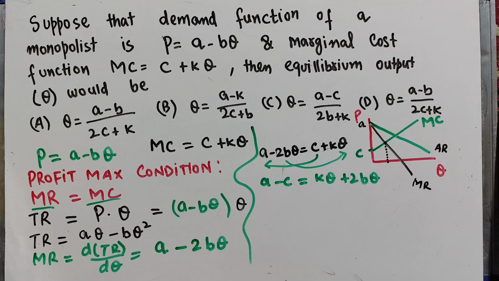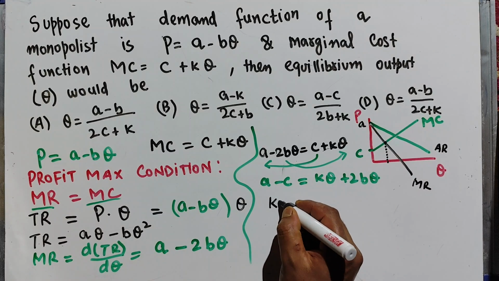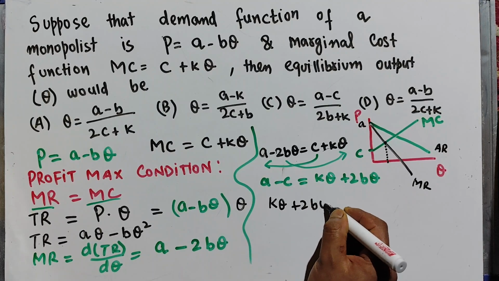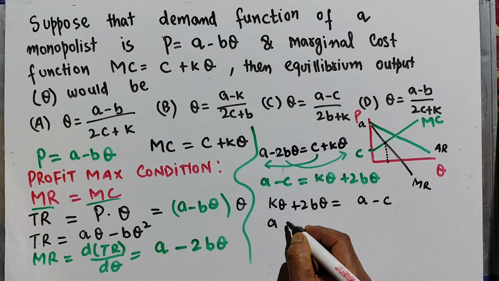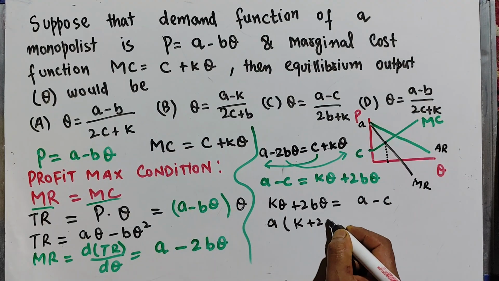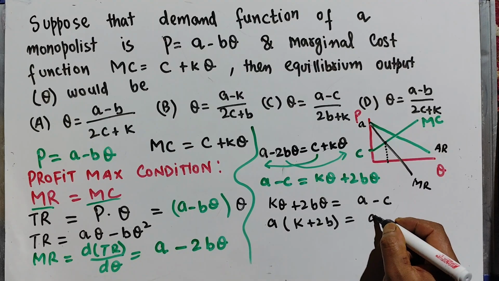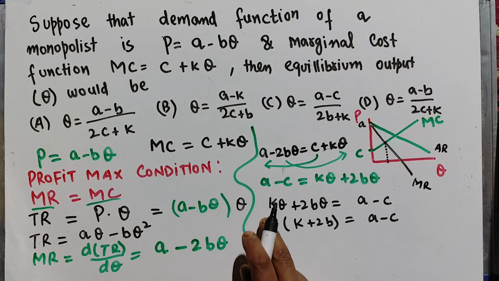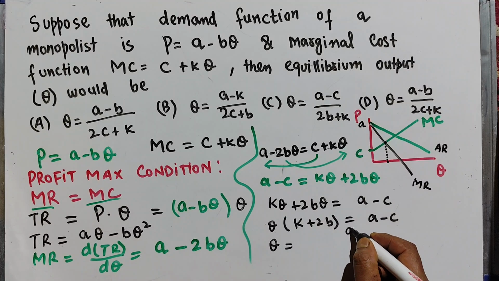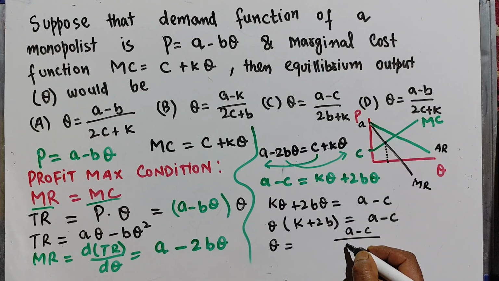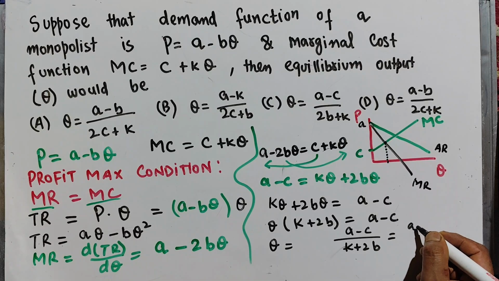Let us rewrite it like this, that is KQ plus twice BQ is equal to A minus C. Let us take Q common, we are left with K plus twice B times Q is equal to A minus C. That means Q will be equal to, if I transpose this term, it will get divided, A minus C divided by K plus twice B, which can be written as A minus C divided by twice B plus K.